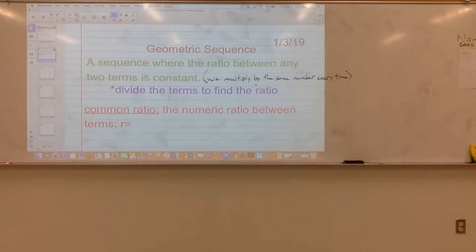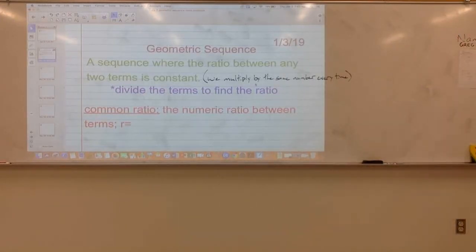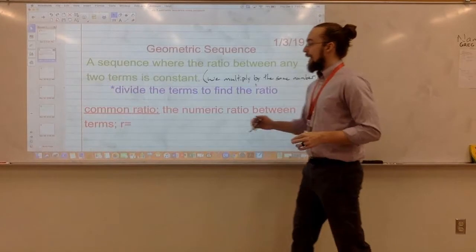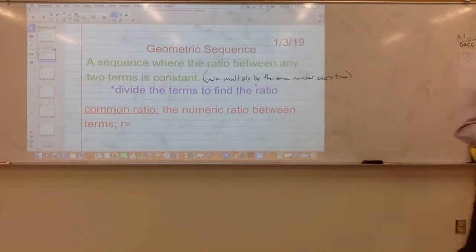I'll give you a second to copy this down. Again, we're just talking about a list of numbers, but now instead of adding the same number every time, we multiply by the same number every time to get the next term. That number that we multiply by is called the common ratio.